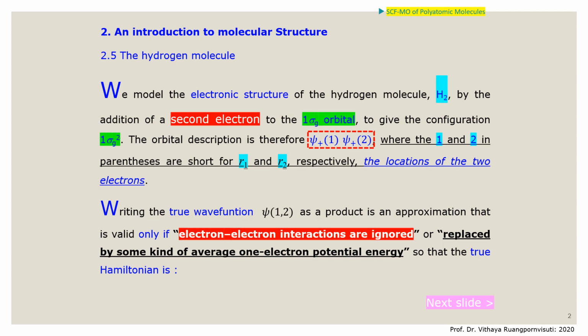The orbital described is therefore psi plus of electron 1 times psi plus of electron 2. Of course, the 1 and 2 in parentheses are the locations of electrons 1 and 2 respectively.